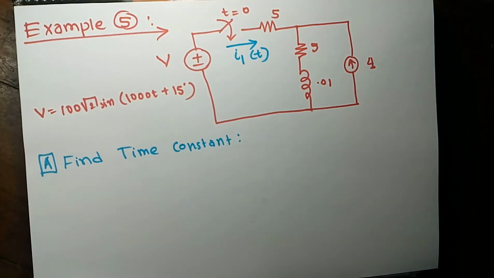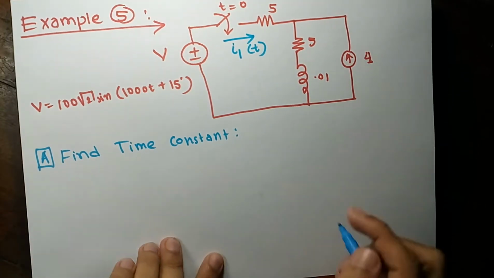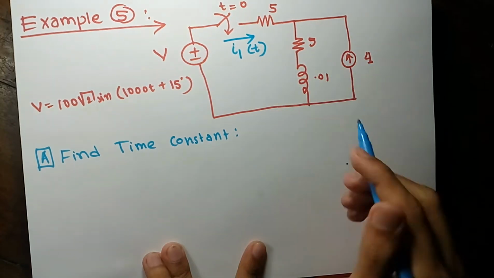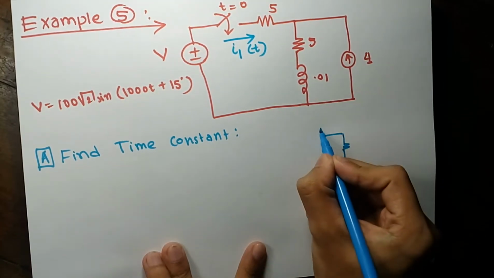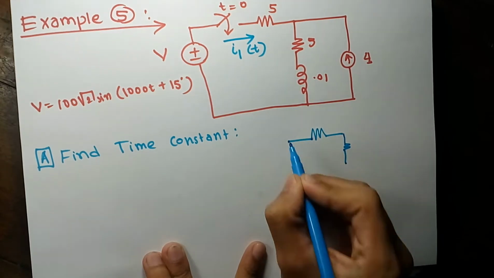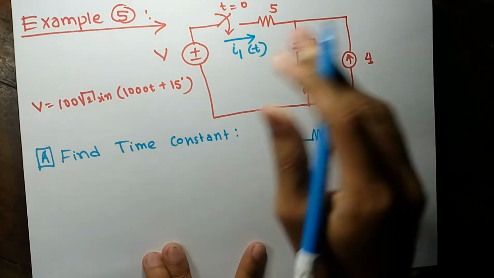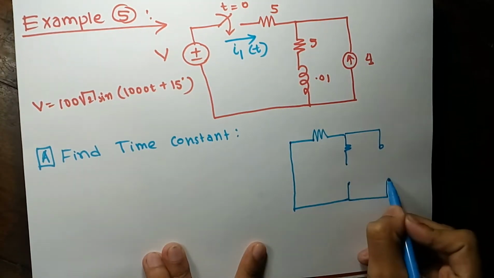The first portion is always like before: find the time constant. To find the time constant, we have to see what the equivalent resistance is, seen from the inductor terminal, and I always make all the independent sources 0. A voltage source, if made 0, turns into a short, and a current source becomes open.